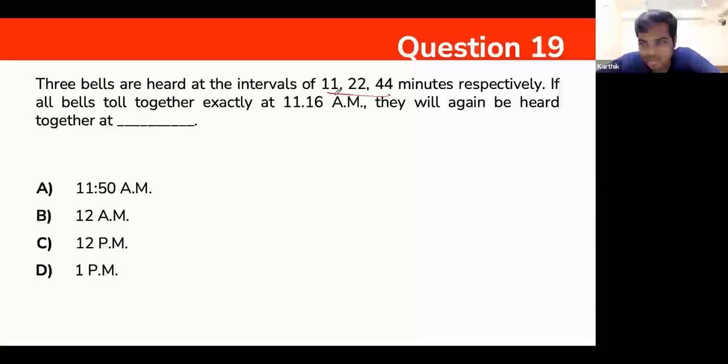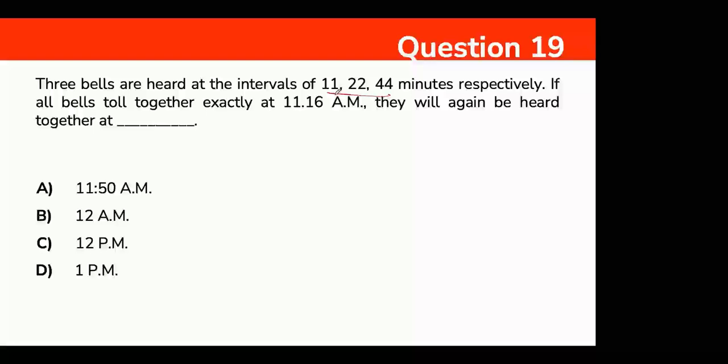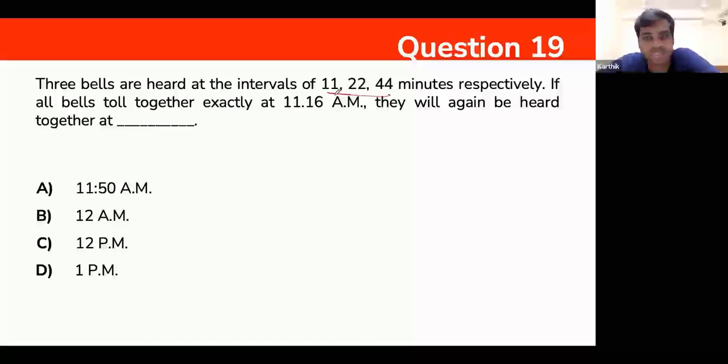Yeah, good. So what will be the answer now? 12 a.m.? I mean 44 will be the LCM of these three. Then we need to add that to that timing. So it will be 12 noon. Good.